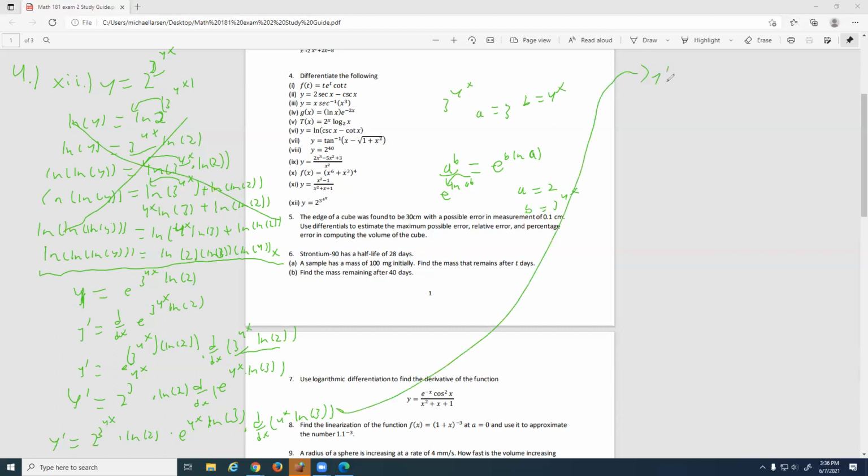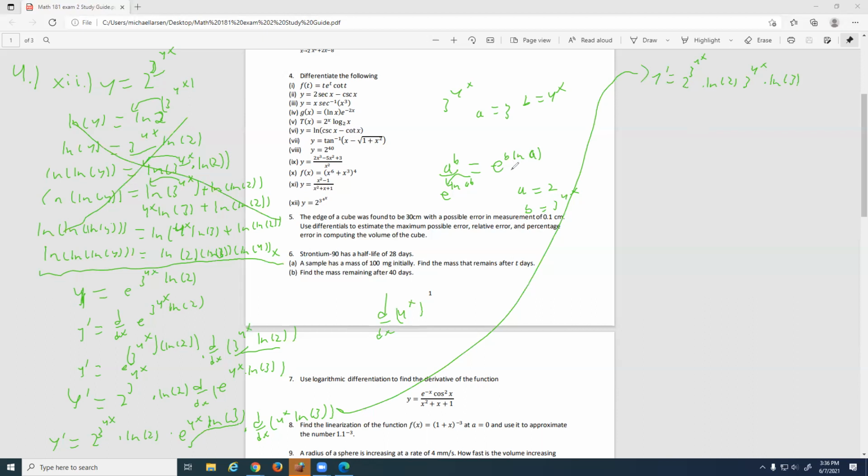So y prime is equal to 2 to the 3 to the 4 to the x times natural log of 2, factoring out these. And then we'll have this, which is just 3 to the 4 to the x. And then I'll multiply that by natural log of 3. And then finally, we're just taking the derivative of 4 to the power x.